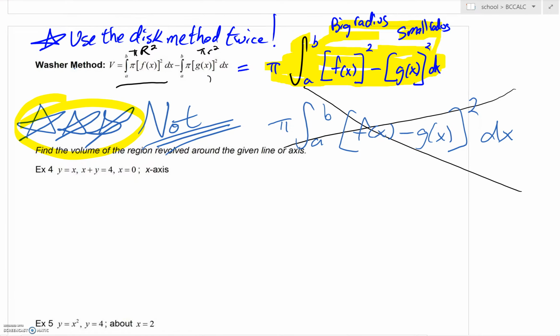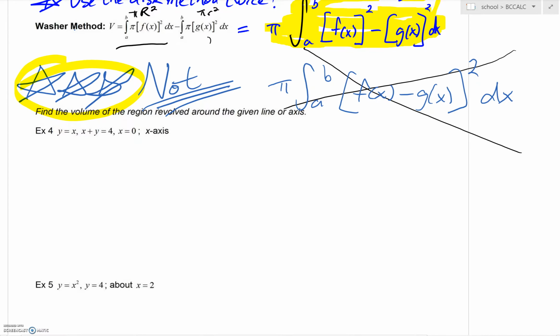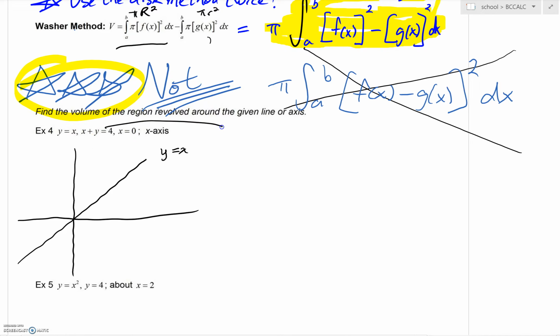All right, so take a look at a couple of problems here. Let's see if we can do a problem together. We've got y equals x, the identity function. Here's y equals x. And this thing right here, if we had x plus y equals 4, this thing right here is really y equals negative x plus 4, and that would have a y-intercept of 4.